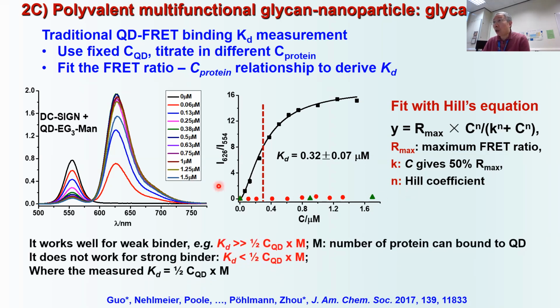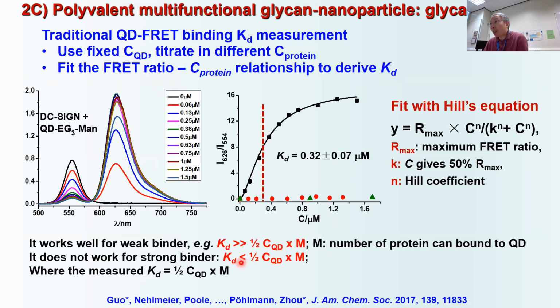They work well if you have weak binding, which means the KD is much greater than half of the concentration of the quantum dots times the number of proteins that can bind to each individual quantum dot, which is equivalent to the saturation amount of protein required to occupy half of the quantum dot binding capacity.